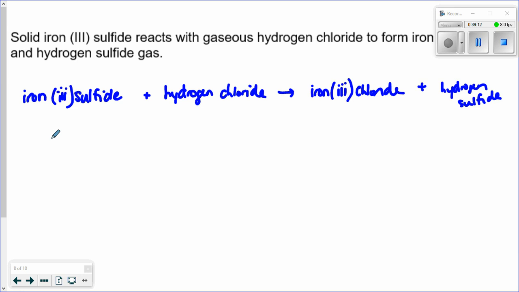All right, so iron, this 3 here indicates that it's iron 3. Sulfide forms a 2 minus. Hydrogen forms a 1 plus. Chlorine forms a 1 minus.